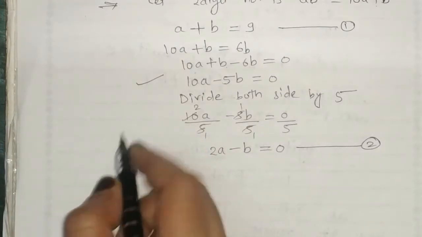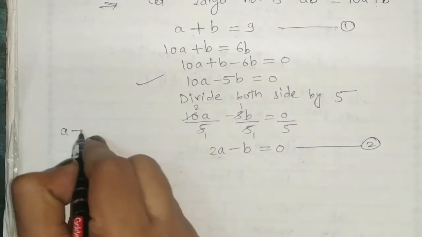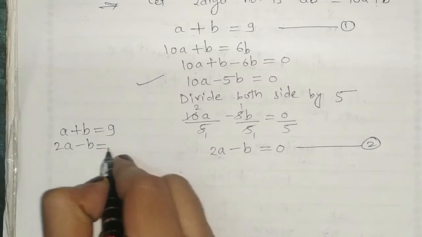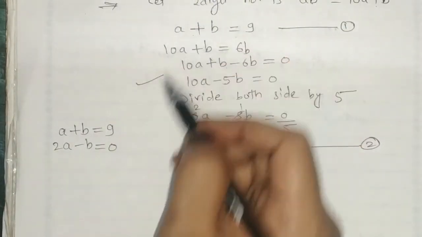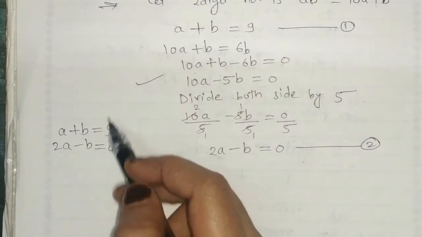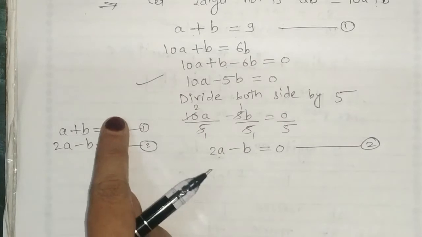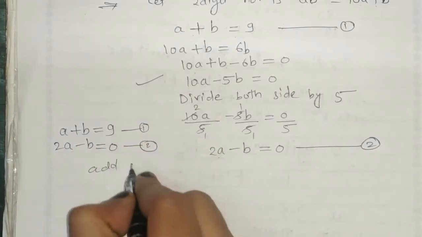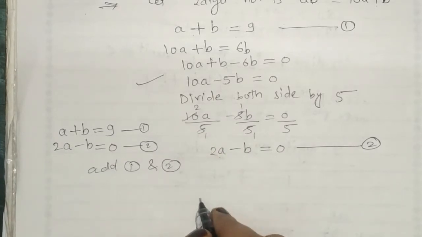So A plus B is 9 and 2A minus B is equal to 0. We have two equations with us. We want to find out the number. It is like a puzzle question, okay? So in order to get it, we need to solve equation number 1 and equation number 2. If we see carefully, if I add equations 1 and 2, what will I get?